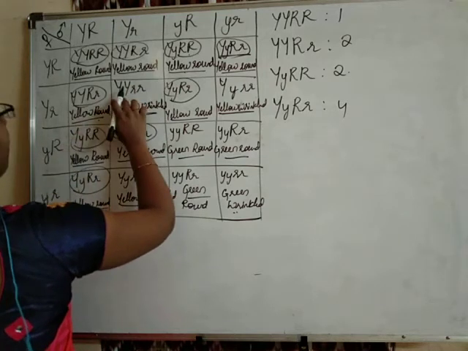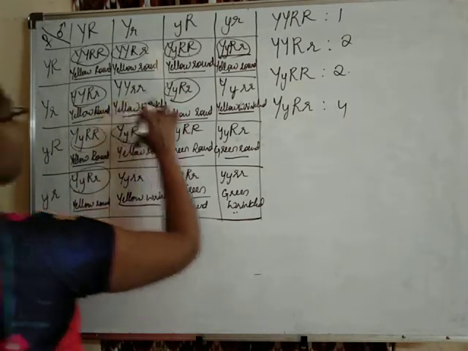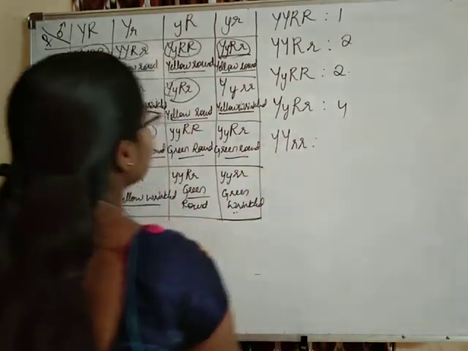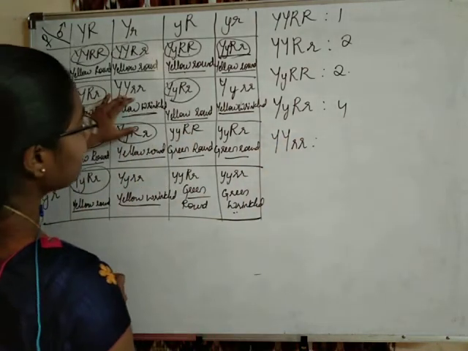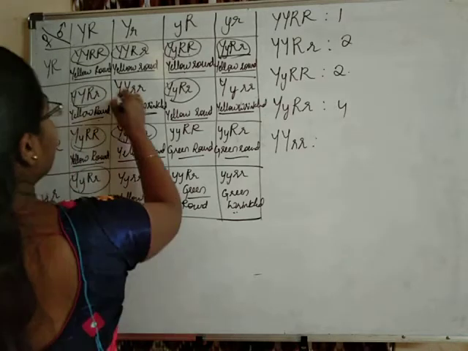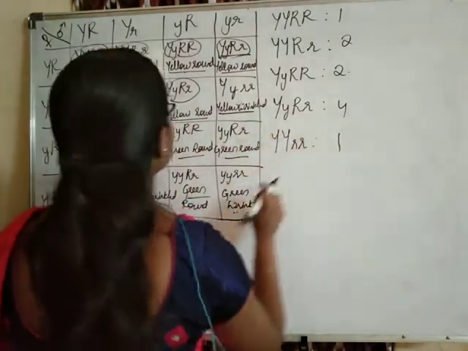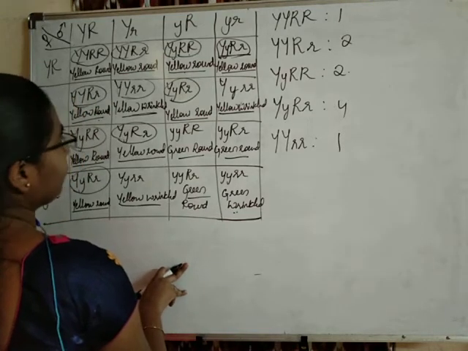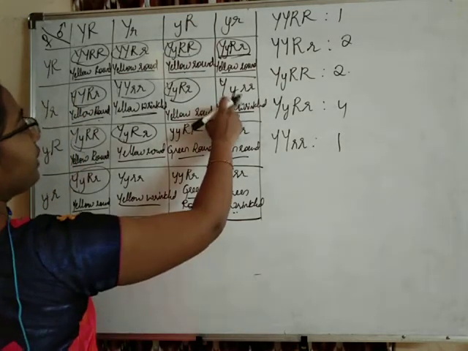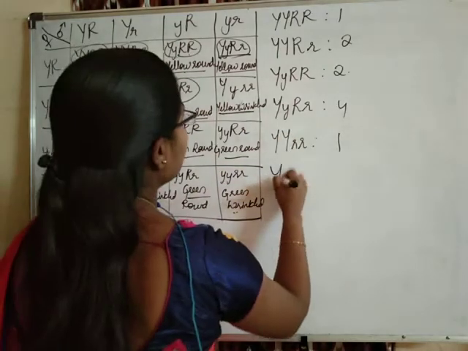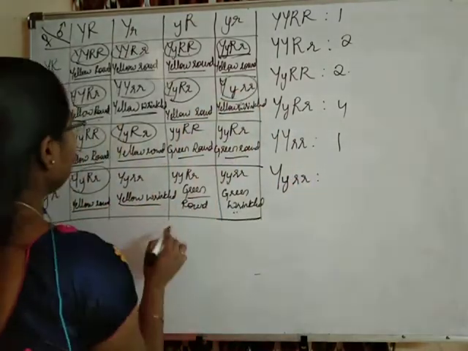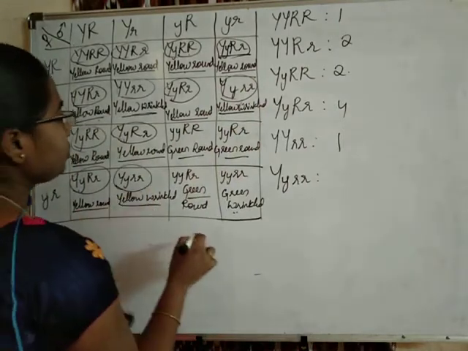Then we will see capital Y small r, capital Y small r. How many are there? No others, so this is only 1. Then we will see capital Y small r, capital Y small r. How many are there? 1 and 2, right?